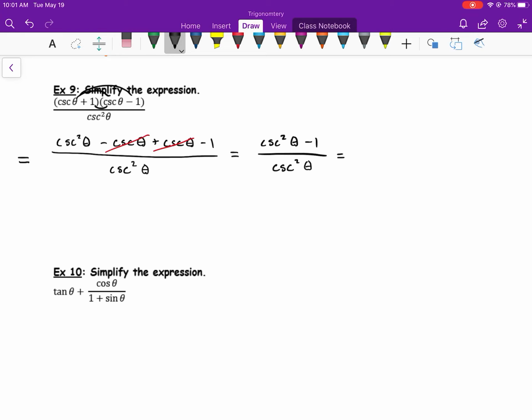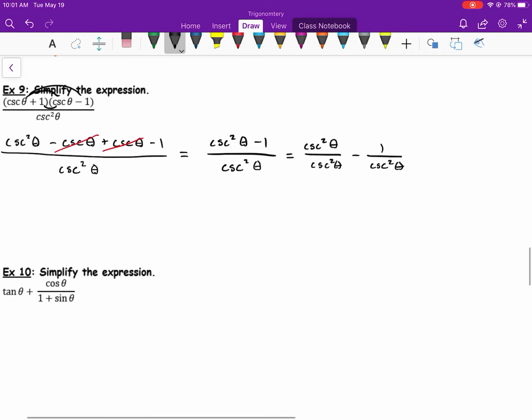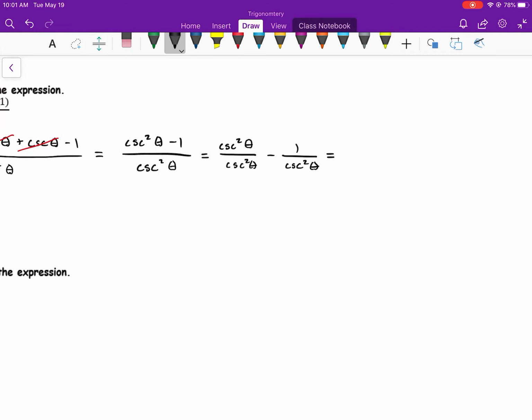I'm going to pull these apart now, because I know cosecant squared and cosecant squared can cancel out to make 1, but I have to pull the fraction apart first. I'm going to have cosecant squared of theta over cosecant squared of theta minus 1 over cosecant squared of theta.